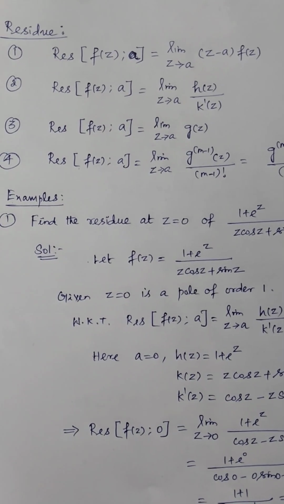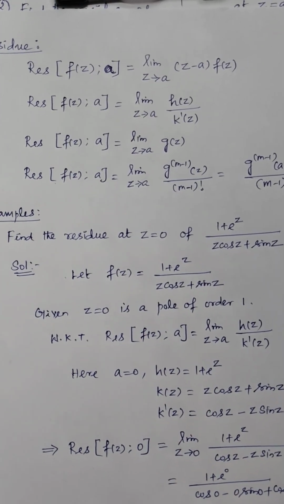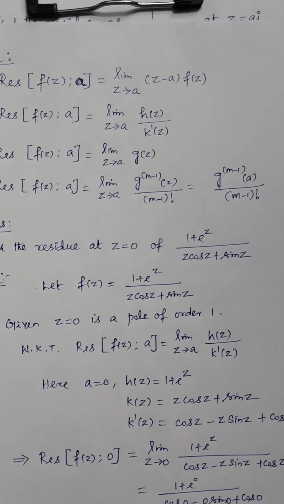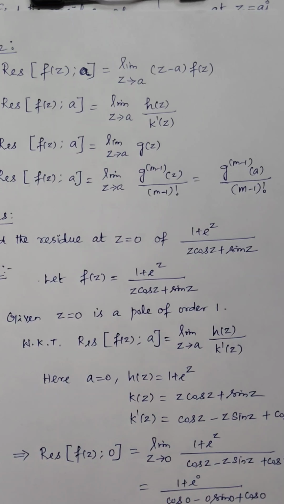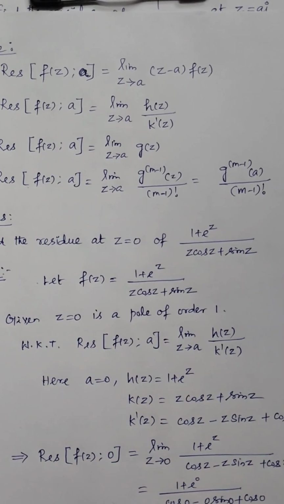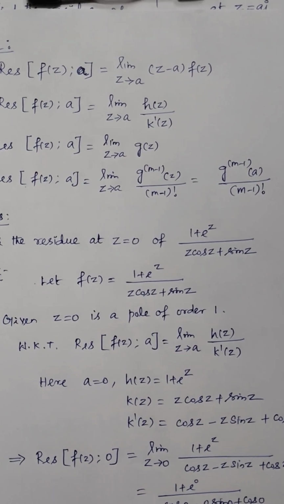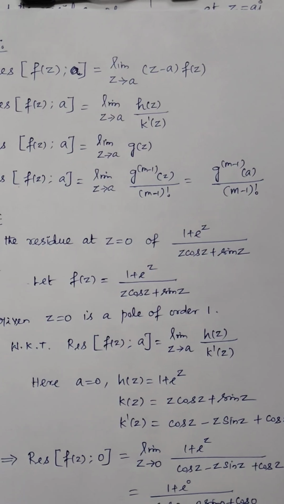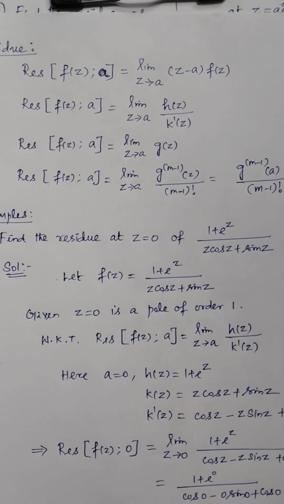And the fourth one: residue of f of z at the pole a is equal to limit z tends to a of g power m minus 1 of z divided by m minus 1 factorial, which is equal to g power m minus 1 of a divided by m minus 1 factorial.